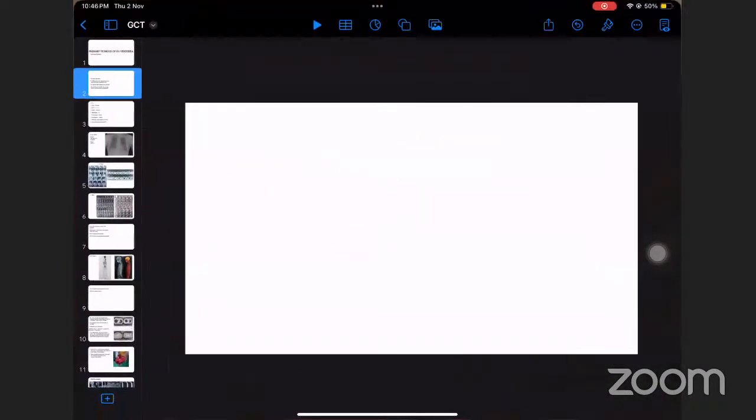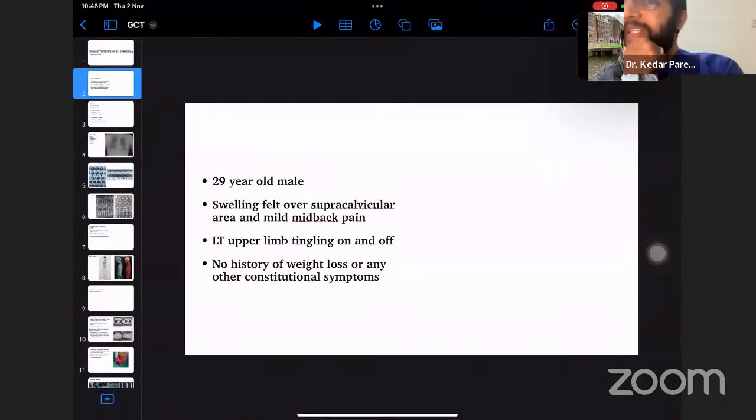Okay, so the first case I present is a 29-year-old male. He came to our OPD with a mild complaint of swelling over the supraclavicular area and some on and off mild mid-back pain with a little tingling over his left upper limb, on and off, not throughout the day.